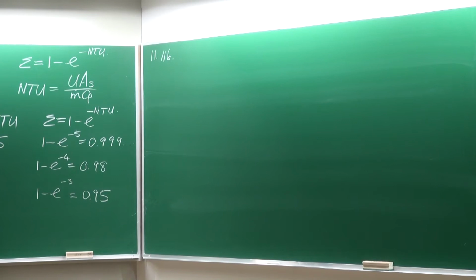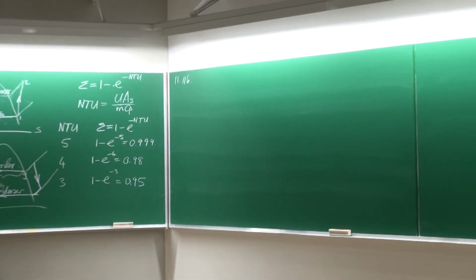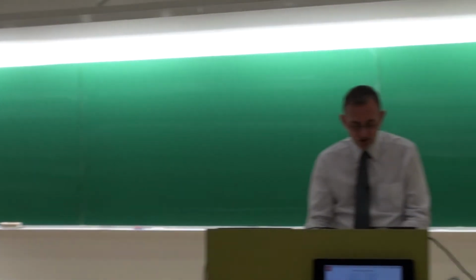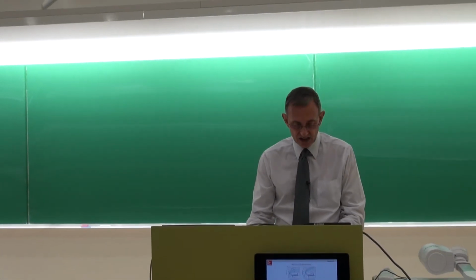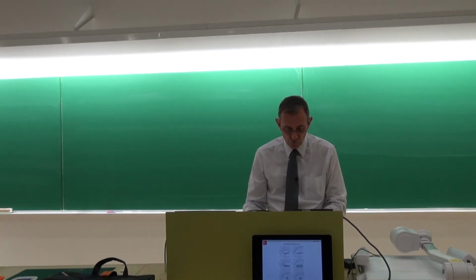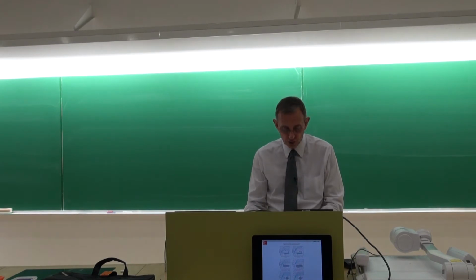Steam is to be condensed on the shell side of a 1 shell pass and 8 tube passes condenser with 50 tubes in each pass at 30 degrees Celsius. HFG is 2431 kilojoules per kilogram.